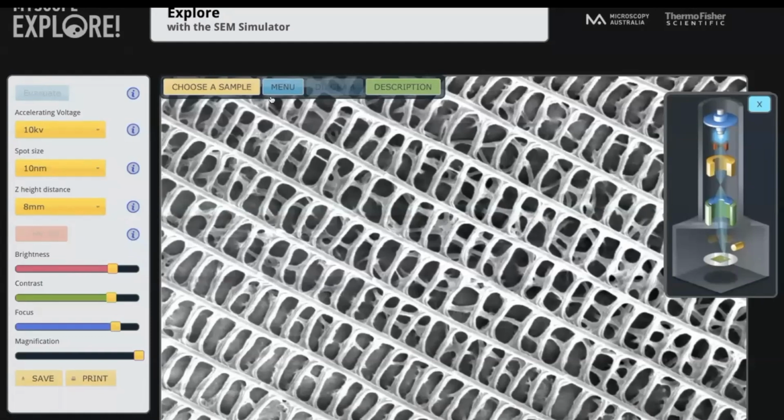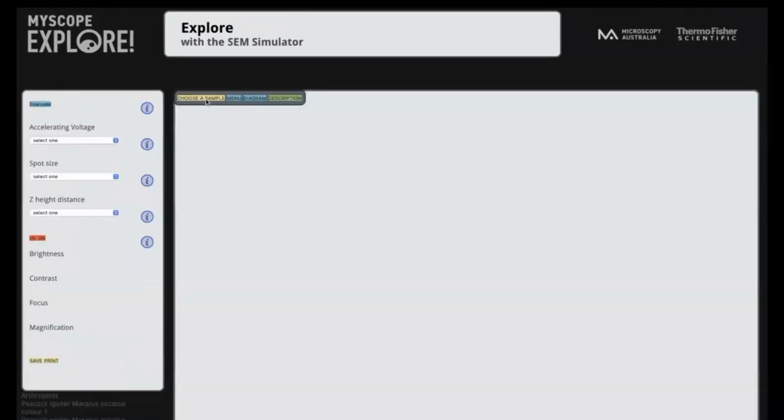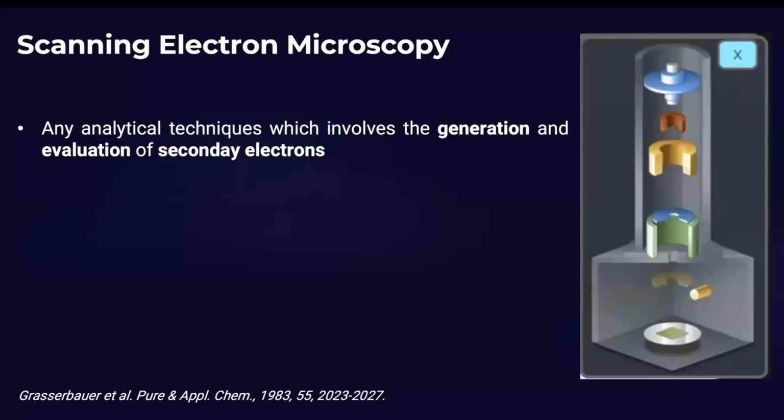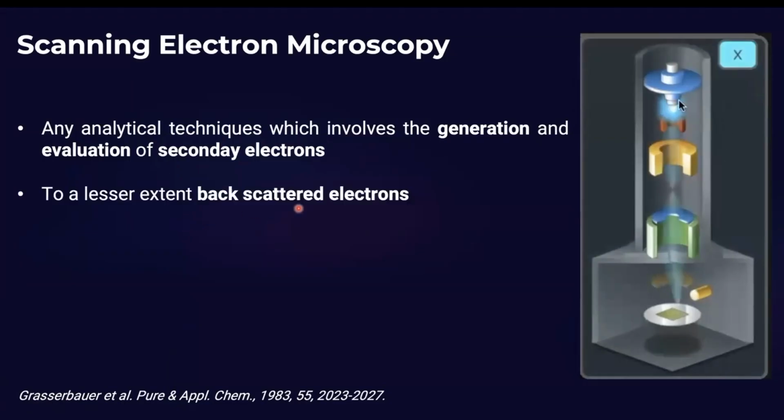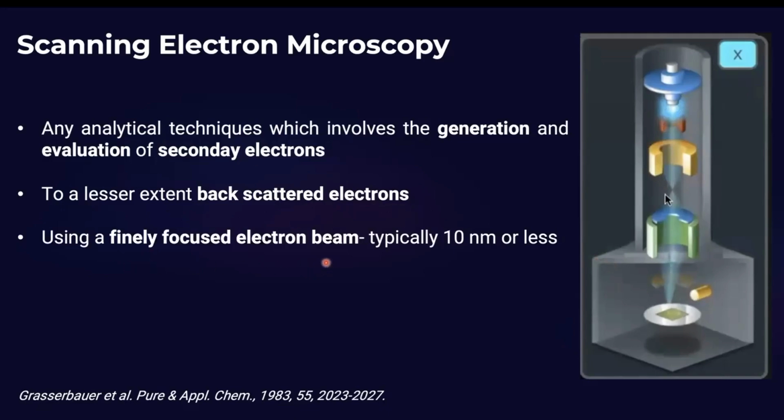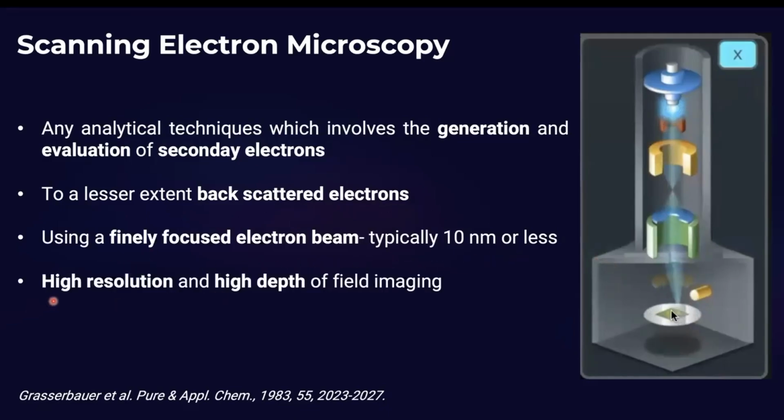So now we can also define scanning electron microscope. What a scanning electron microscope is, is nothing but a simple analytical tool. It involves the generation and evaluation of secondary electrons, to a lesser extent backscattered electrons. We use a finely focused beam of electrons, typically 10 nanometers or less. As a result, we are able to get high resolution and high depth of field imaging.